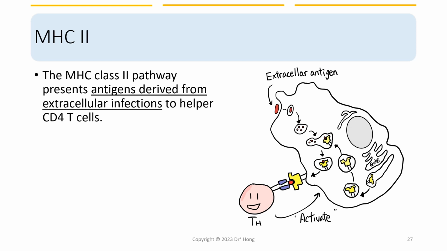All right, after we look at the MHC class 1 pathway and how it processes and presents foreign peptide or intracellular antigens to cytotoxic T cells, or CD8 cytotoxic T cells, we are going to look at how MHC class 2 presents its antigen derived from extracellular infections to helper CD4 T cells.